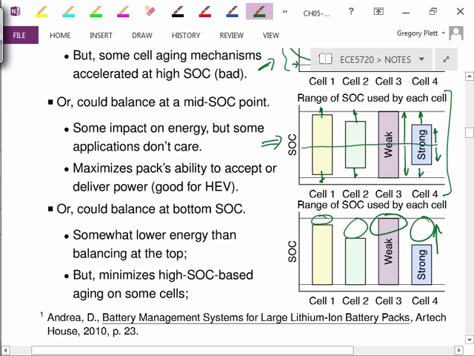So this one here, the strong cell stays stronger, the weak cell gets weaker, and it in fact accelerates divergence among the cells in the battery pack, and it makes the imbalance condition worse. So I'm not going to make decisions for you as to which balance point to use, but I can't really see any reason why someone would choose to use that balance point in an application.